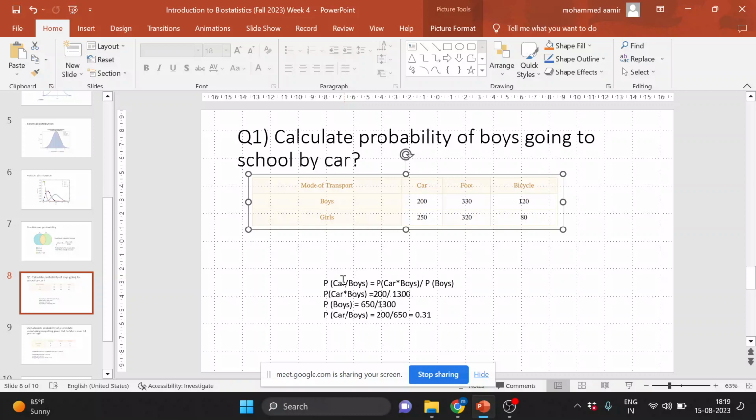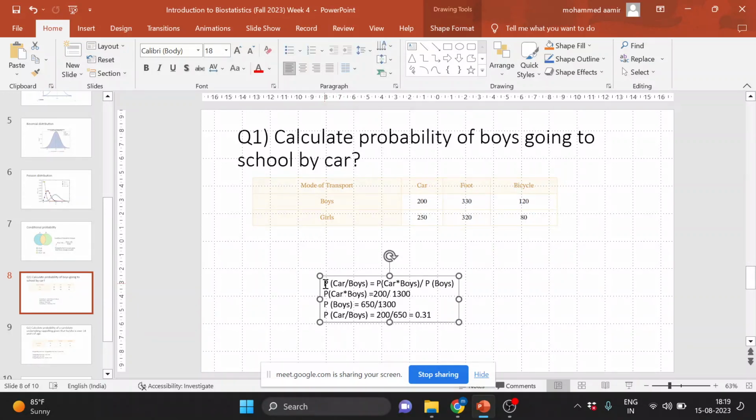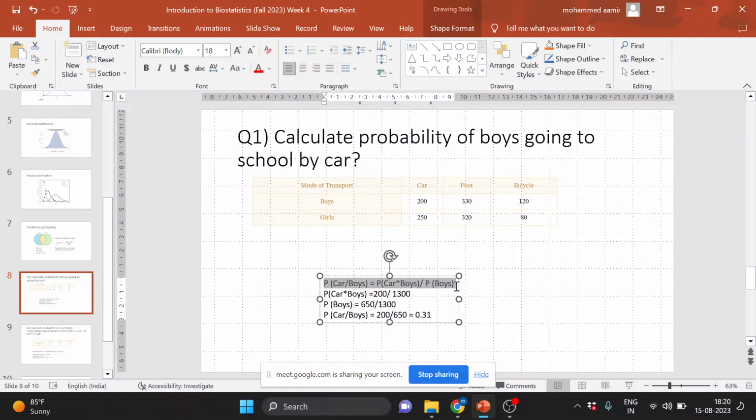Did you get this? This is important. Once you know this, you can calculate the rest. You need to calculate the probability of boys going by car, so the intersection of car and boys divided by the probability that you have boys only. Now the probability of car and boys is given by this cell.